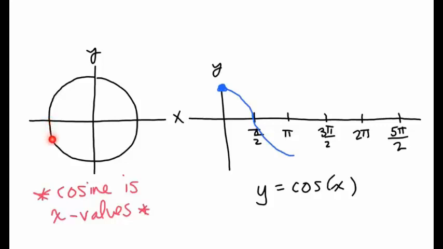Next, as we move from pi to 3 pi by 2, we are increasing back to 0. And finally, as we move from 3 pi by 2 to 2 pi, we increase up to the value of 1.